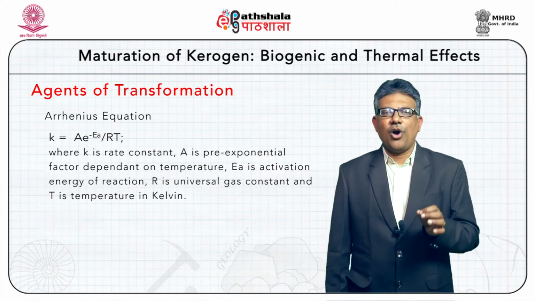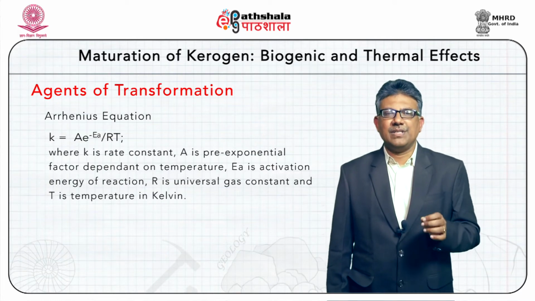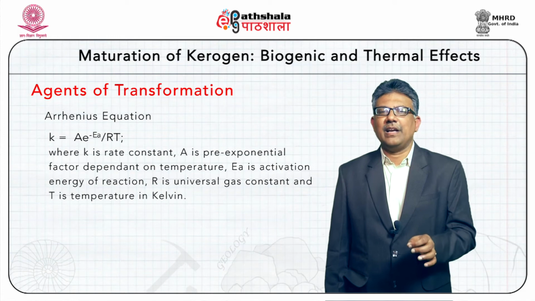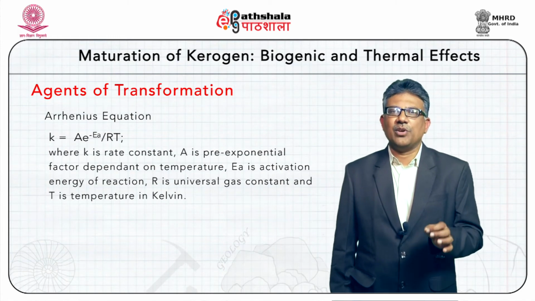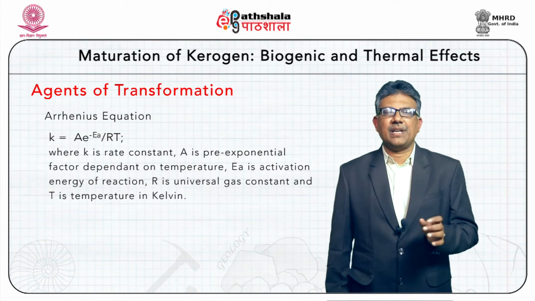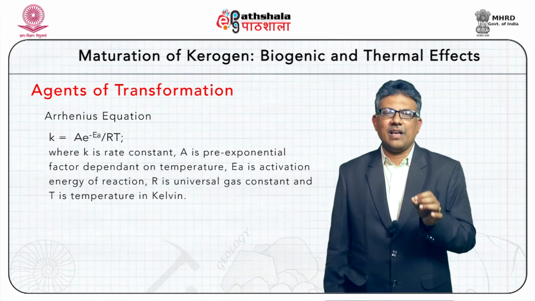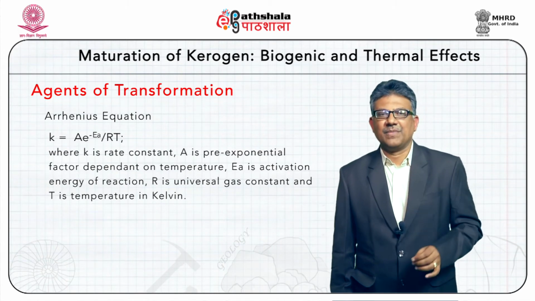Since generation of petroleum is a chemically reactive process, the amount of petroleum generated will vary linearly with time and exponentially with temperature. Now, we further elaborate the effect of temperature and time, and this diagram is very explicit in showing it.